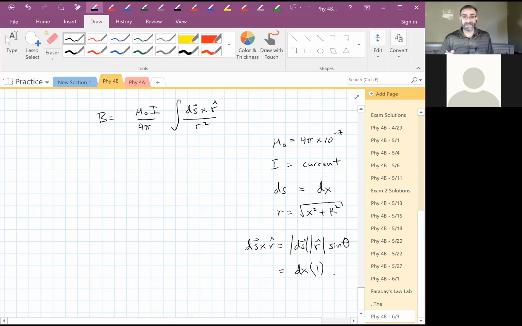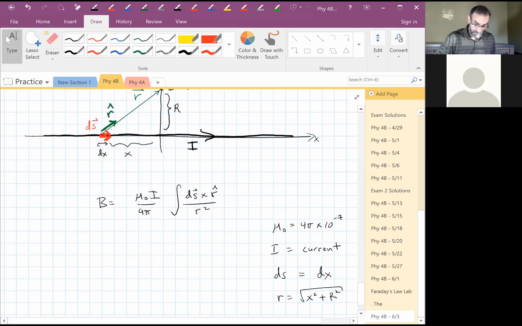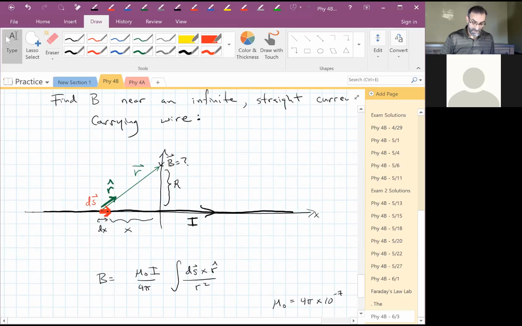That's the definition, right? Magnitude 1. It only has direction associated with it. And then we've got this sine theta. But we can get sine theta from our drawing. What is theta? Let's figure out first which angle here is theta. Theta comes from the cross product of ds and r hat.